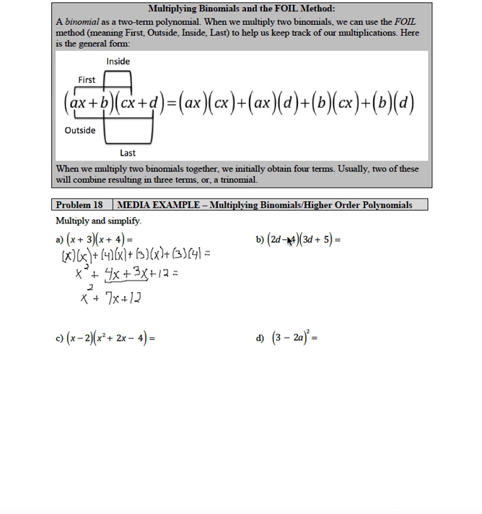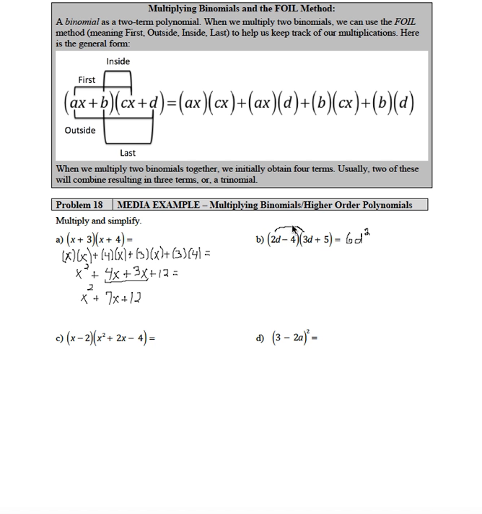Let's take a look at part B. I'm going to use a little bit more of a shorthand here. 2d minus 4 times 3d plus 5. So I'm going to start with 2d times 3d, and that's going to give me, I already have my equal sign, so that's going to give me 6d squared. So 2 times 3 and d times d.